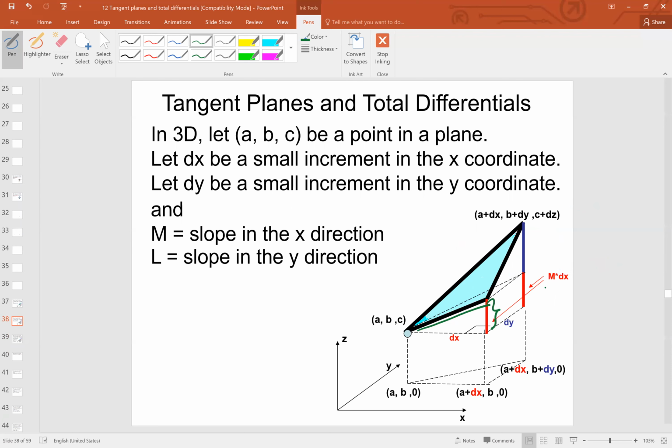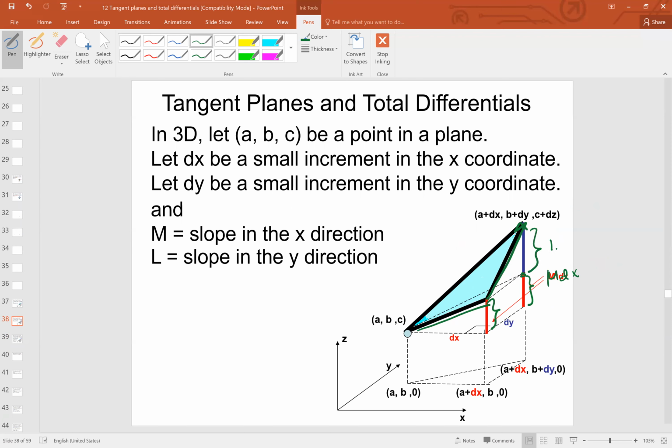And altogether, the change is going to be, first of all, if I go from here to here, the rise is going to be the slope m times dx. Then I'm going to go from here, then go up, and the gain is going to be L times dy. So altogether, the gain is the sum of those two.